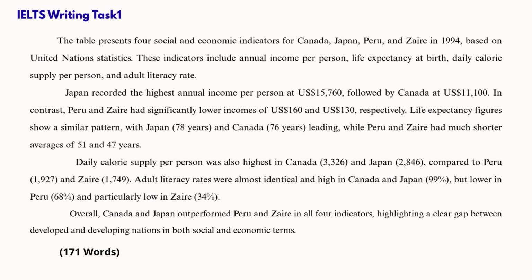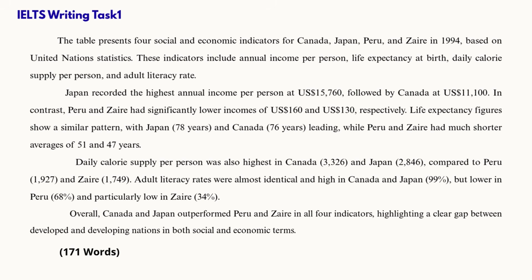Japan recorded the highest annual income per person at $15,760 US, followed by Canada at $11,100 US. In contrast, Peru and Zaire had significantly lower incomes of $160 US and $130 US respectively.